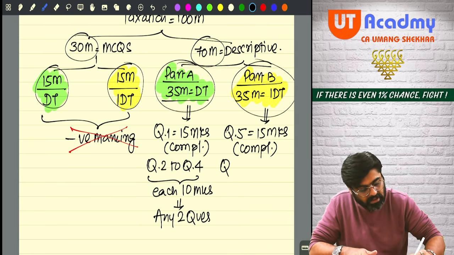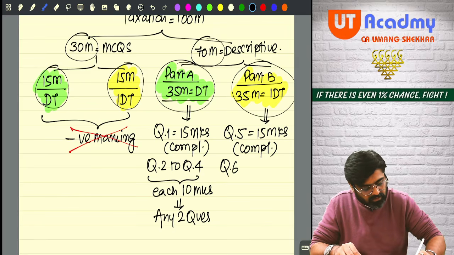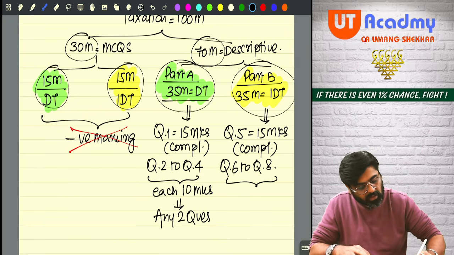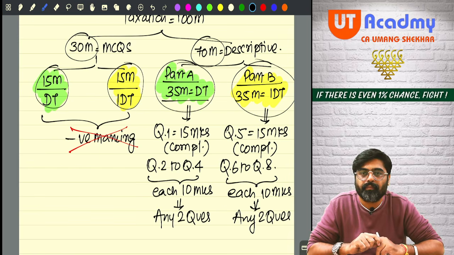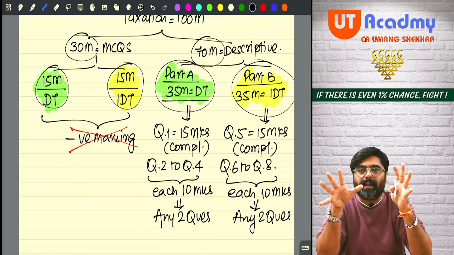Now there will be three questions, question number 6 to question number 8. Out of these three questions, each question is 10 marks, and out of these three questions you are supposed to attempt any two questions here also. Okay, so this will be broadly your paper pattern.